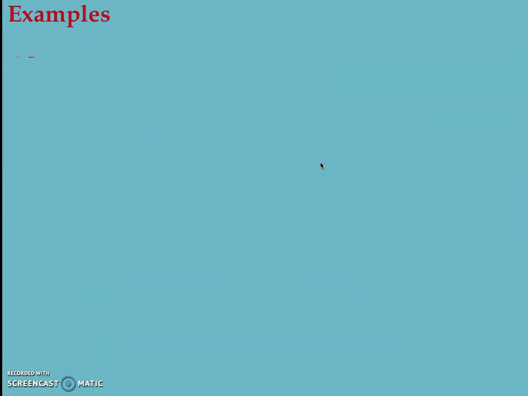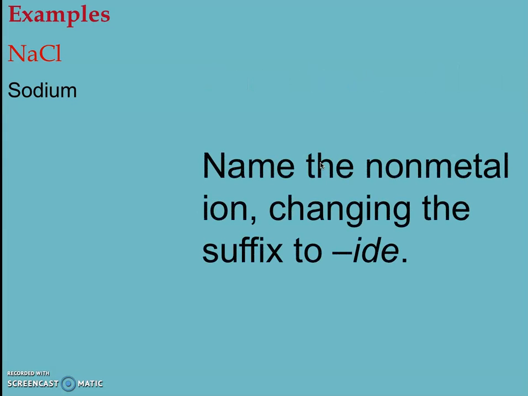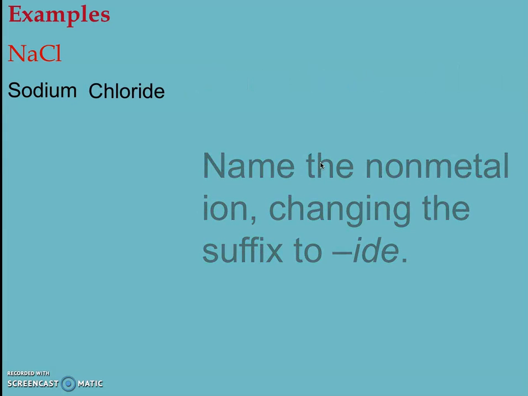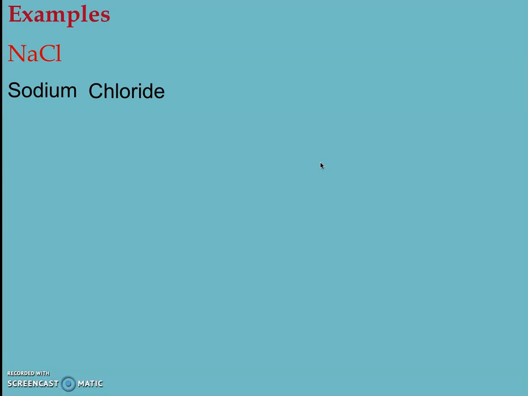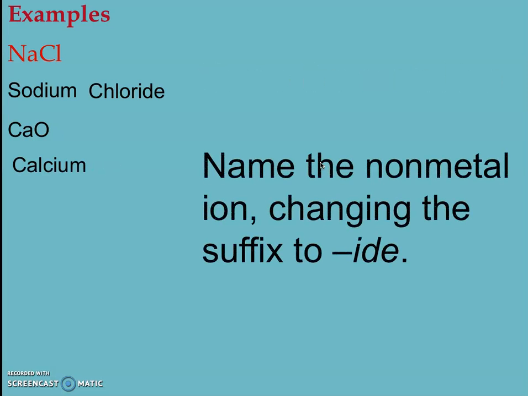So NaCl: Na is going to be our metal, sodium. Our non-metal is going to be chlorine. We're going to keep the base and add IDE, so it's going to be sodium chloride. CaO, we have calcium. It's going to be our metal ion. Oxygen is our non-metal.